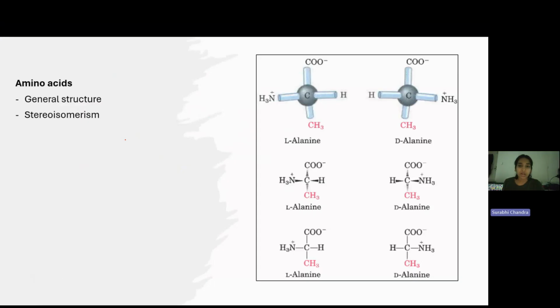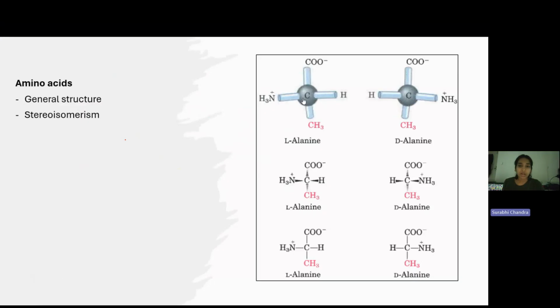They can either rotate it anti-clockwise or clockwise. Depending on that, the L and D forms come into the picture. All right, and this is the C here. This has the carboxylate group, COO minus, and here it has been shown existing as a carboxylate ion, and this as NH3 plus.